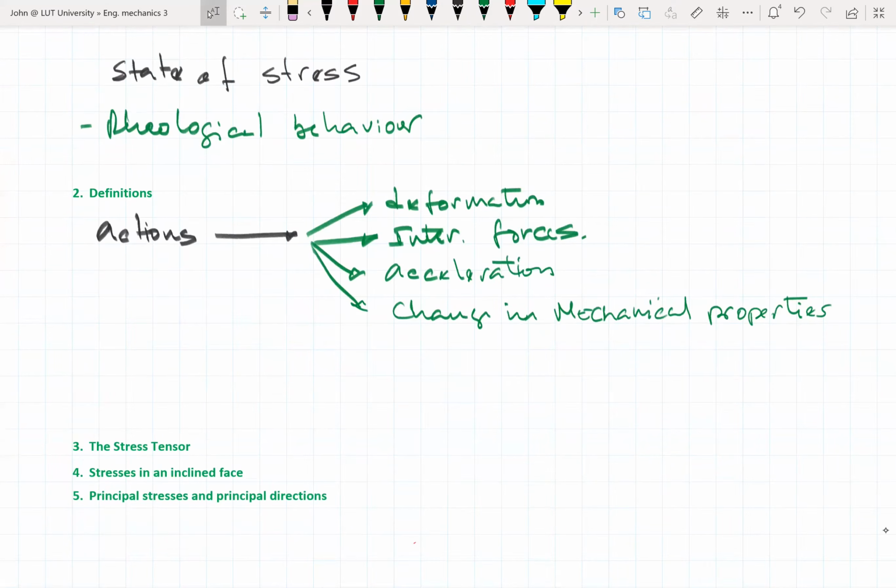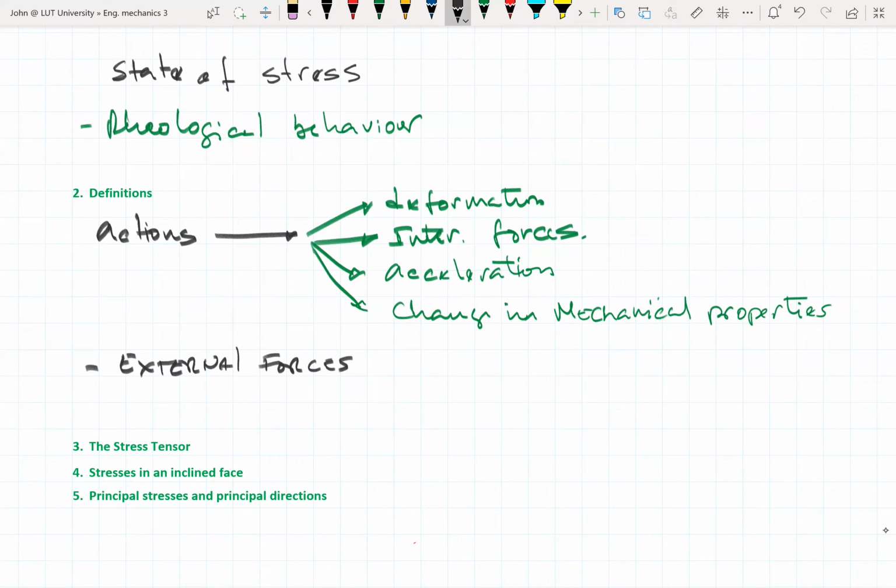I want to get to an agreement that to the body we're going to be dealing with, different types of forces can be applied. So we can have external forces, which can be divided into surface forces, for example, like the weight of the non-structural parts.